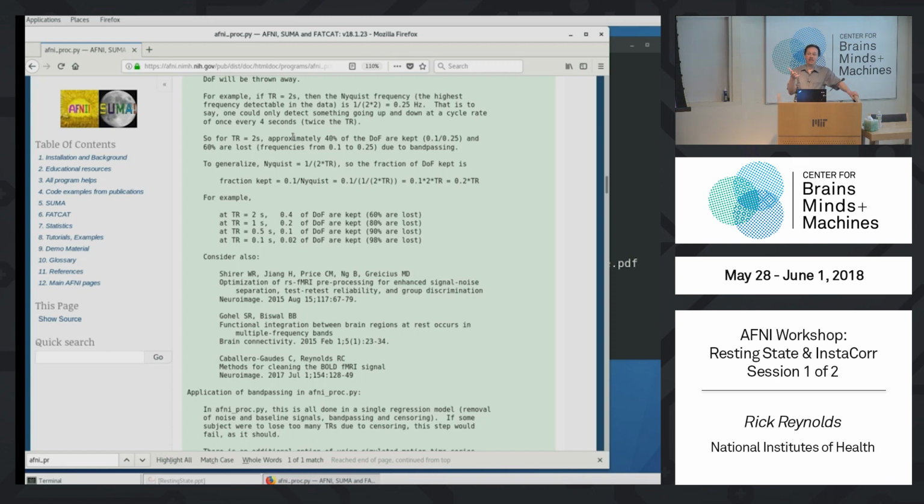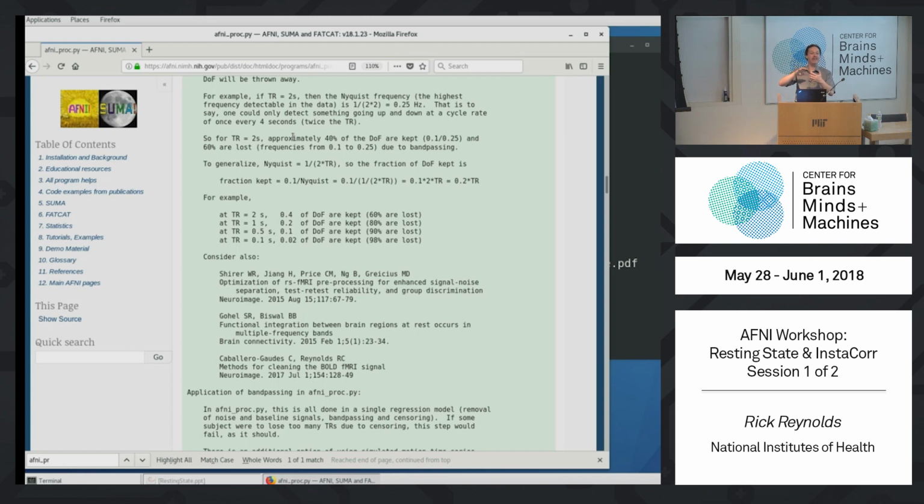So if you can capture the up and down every 4 seconds, that's a frequency of 0.25 hertz. If we typically band pass from 0.01 to 0.1, ignore the 0.01, the very low order terms are not important. We're keeping things that are slower than 0.1 hertz. That's the good range from 0.01 to 0.1. Ignore the bottom one, so just 0.1 is what you care about, 0.1 and lower.